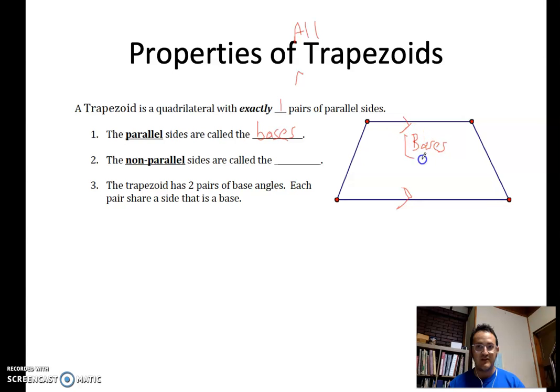So these are the bases. And then the non-parallel sides are called the legs. So that's a leg, and that's a leg. And then these angles are called base angles when they share the same base.